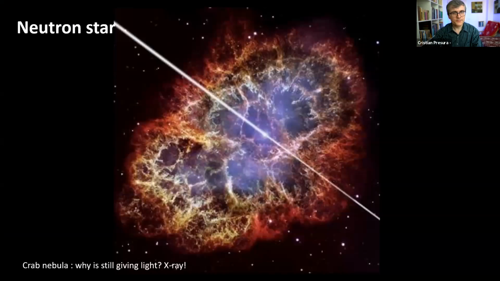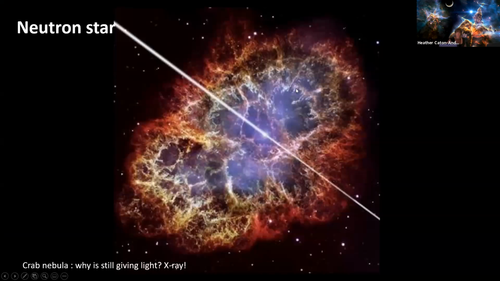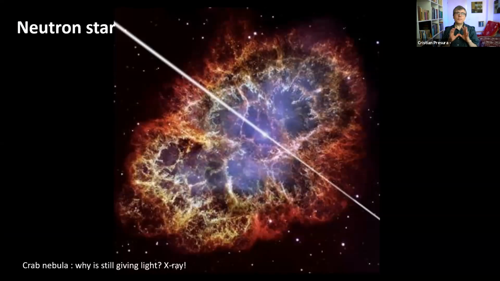And this is a very nice nebula, which happened. The supernova explosion happened in about the year 1100, and it was recorded by the Chinese astronomers, and not only by the Chinese astronomers, but even by ordinary Chinese people.